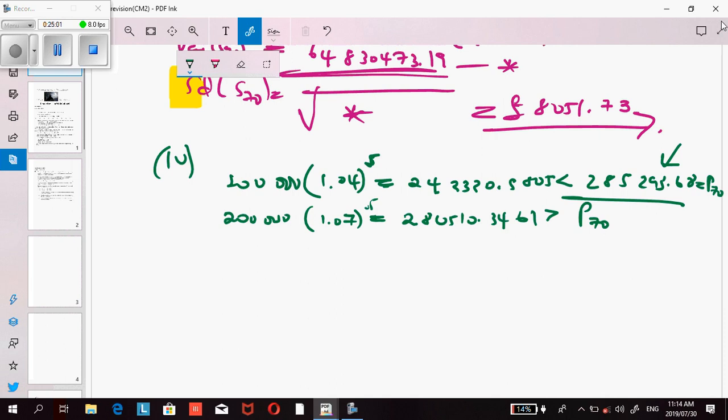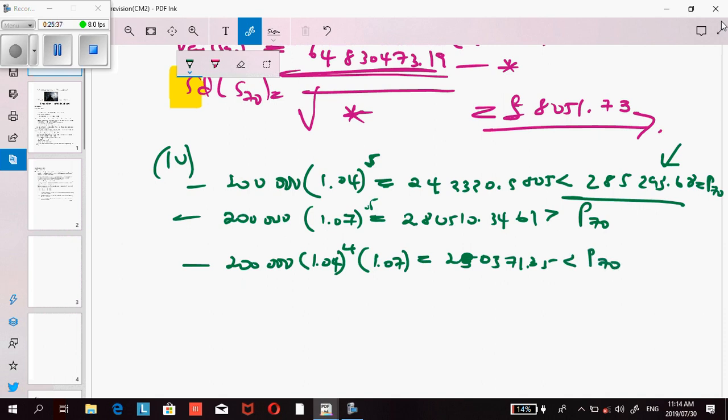Now, before we calculate the probability, let us see other combinations. Another combination is to use 4% for 4 years and 7% for the remaining year, and there you're going to get 250,571.35, which is clearly less than P70.